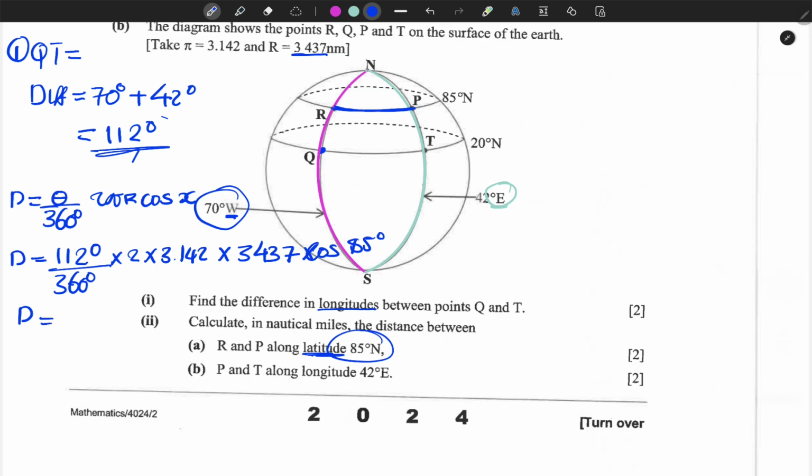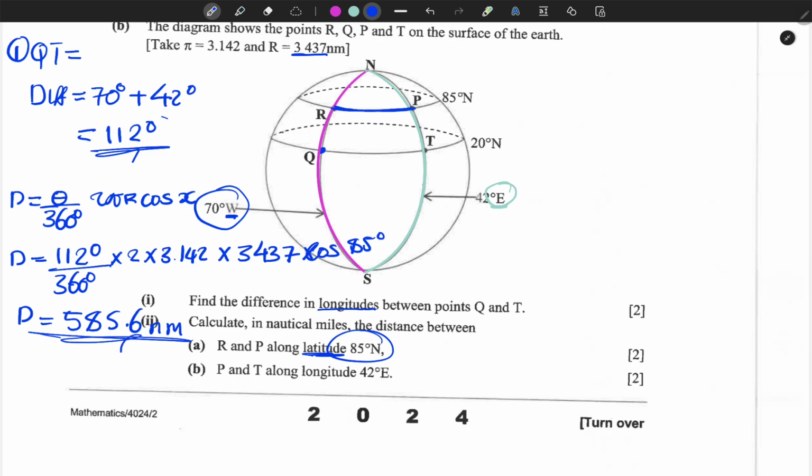Then here we just have to do some math. 112 times 2 times 3.142 times 3437 times cos 85 divided by 360. According to my calculations, I'm getting 585.6 nautical miles. So this is our final answer.